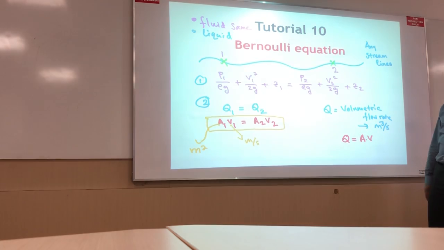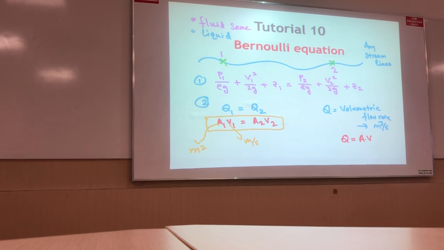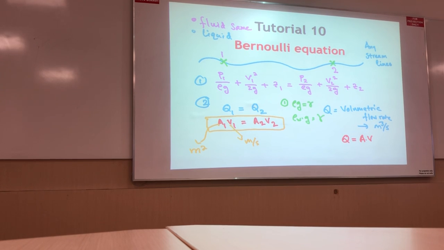All right? And we are applying also some basic ideas. Number 1 is, rho g is equivalent to gamma, right? We know, then we can also say rho of water times g is specific weight of water, right?